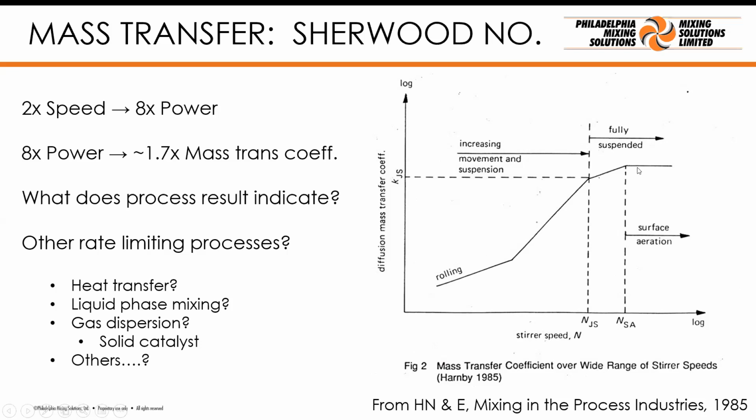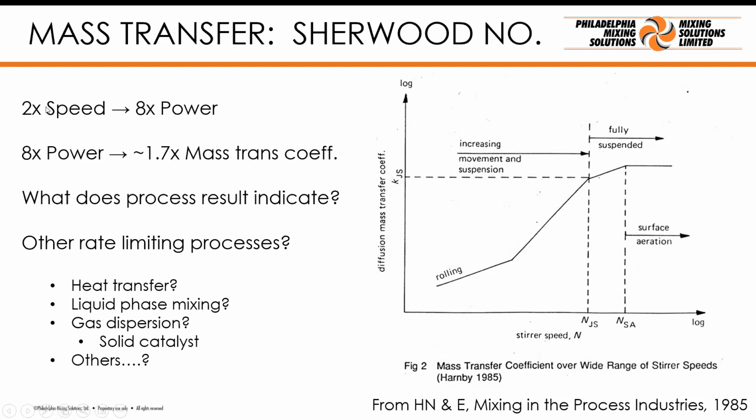As the speed increases, we reach the just suspended speed, and there's a slight increase in the mass transfer coefficient where we have this power per unit mass to the quarter. Eventually we reach a region where the mass transfer coefficient levels off when surface aeration starts to occur.